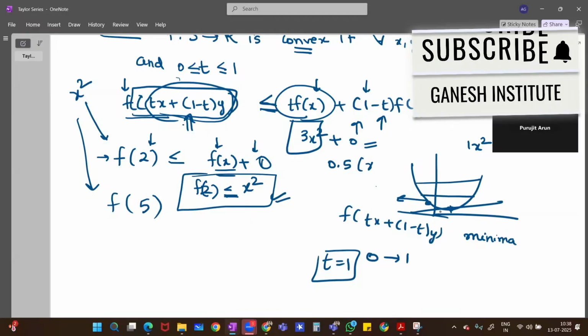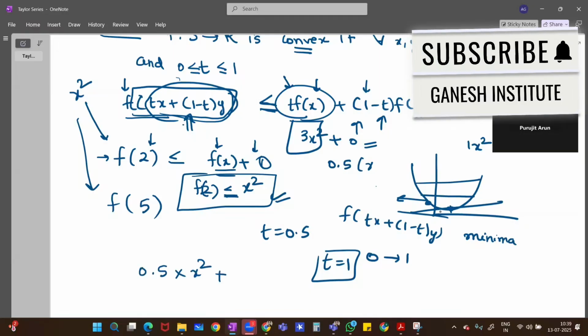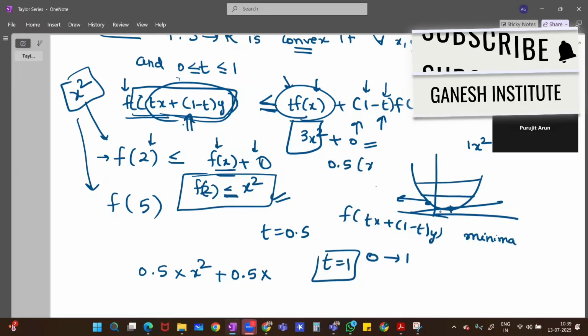Now, if I consider any other value, let's say t is 0.5, this changes into 0.5 f(x), which is x square, plus (1 minus 0.5) f(y). What is f(y)? If the function is x square, this is f(x).